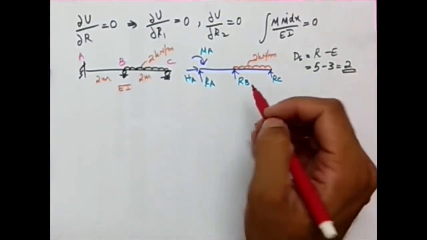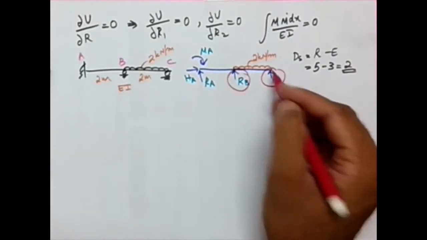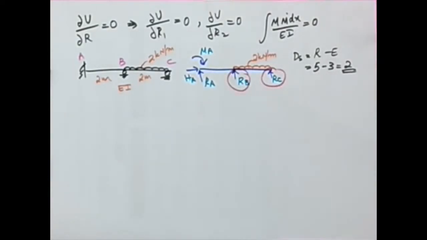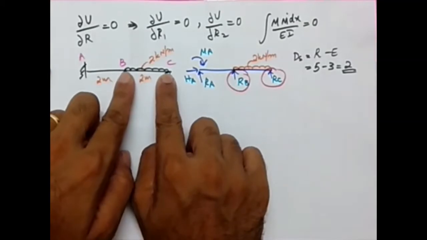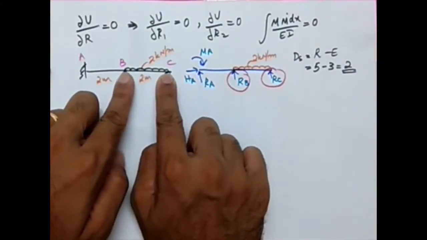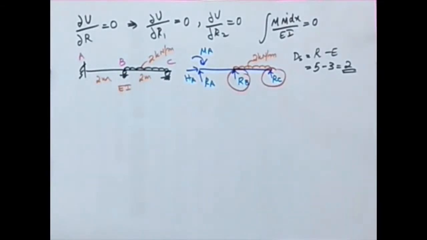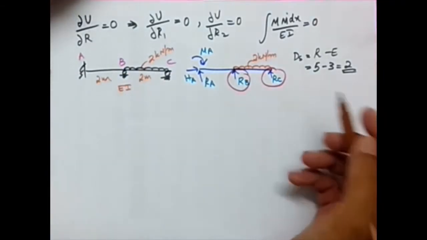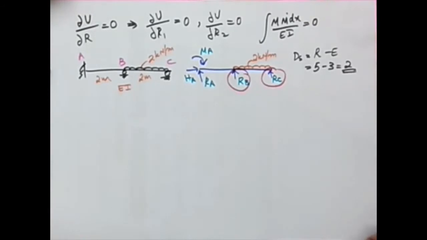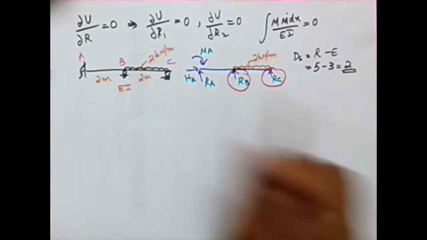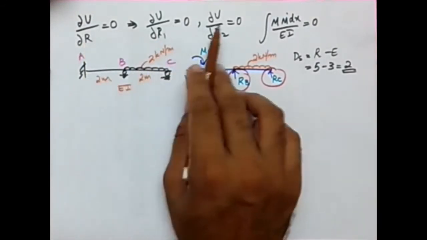So I'm considering RB and RC as the redundants, which means that if I remove RB and RC, I'm left with a determinate beam. That's how we chose the redundants. So RB and RC are the redundants here. Now, in the earlier case we had just one redundant, so we had just one equation. But here we have two equations.